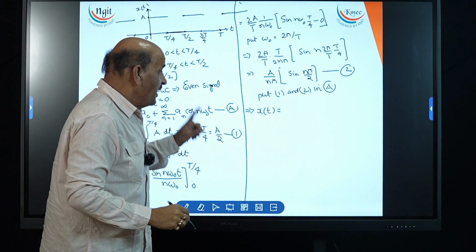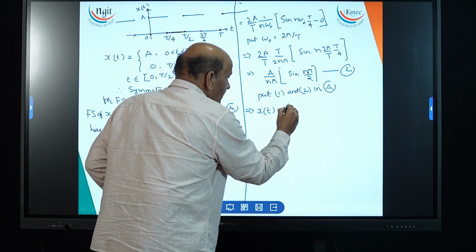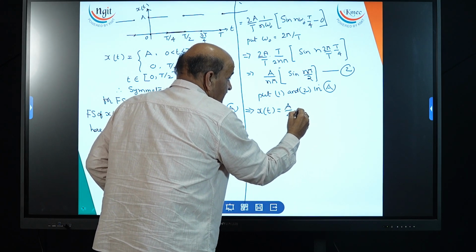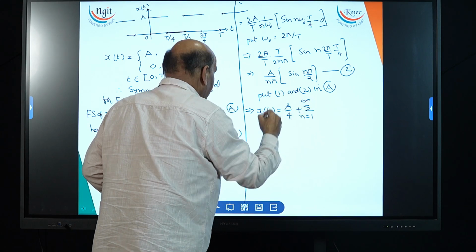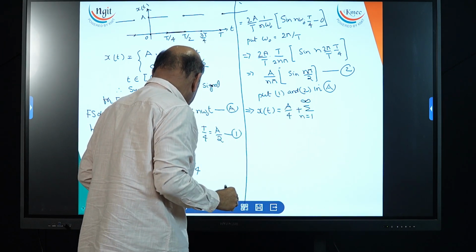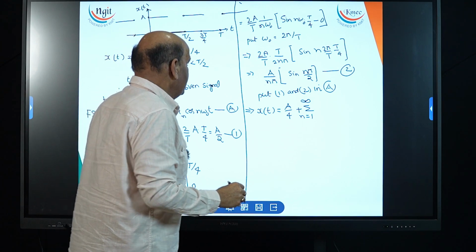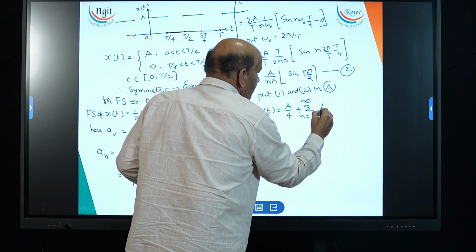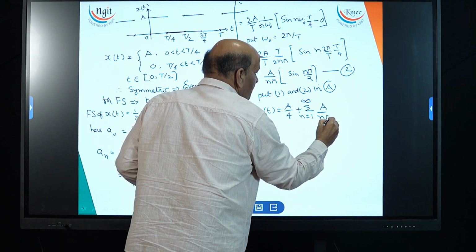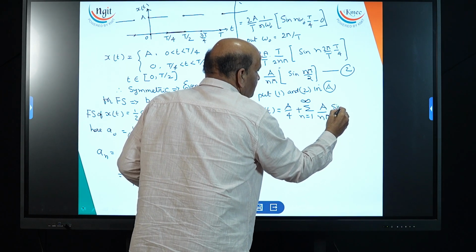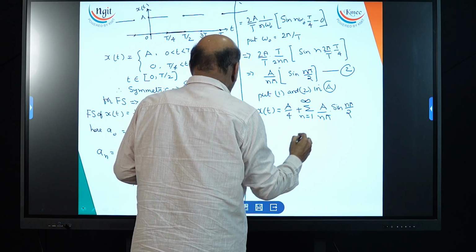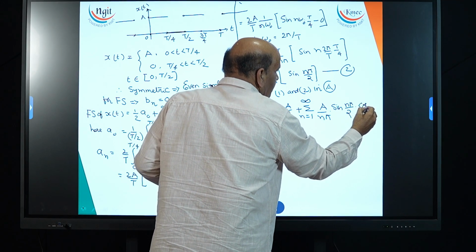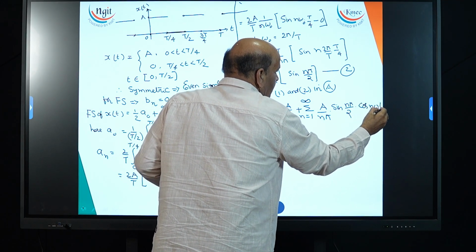Already A by 2, half means it will become A by 4, plus summation n equal to 1 to infinity. Its formula, an. An value is how much? A by n pi into sine n pi by 2 into the remaining part, cos n omega naught t.